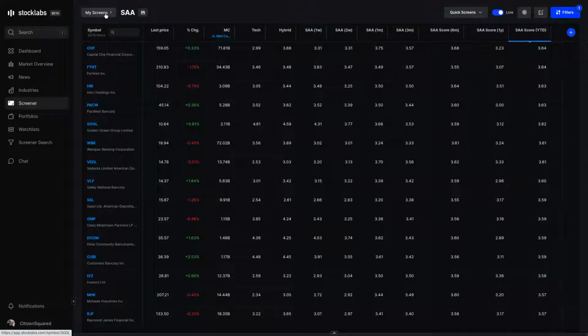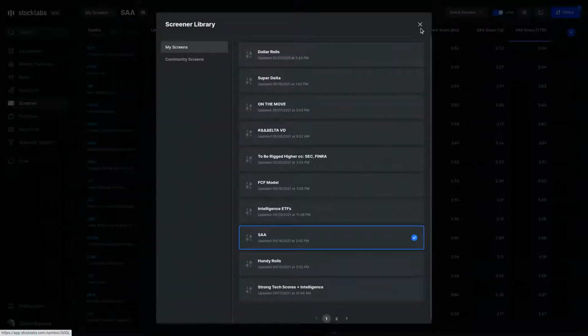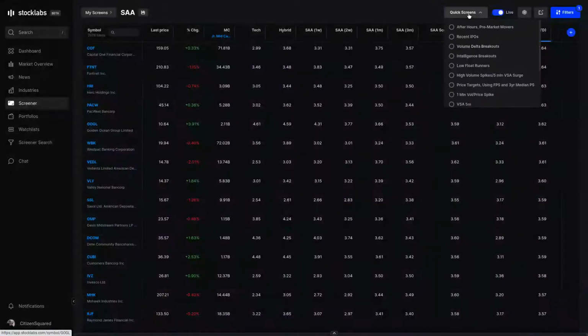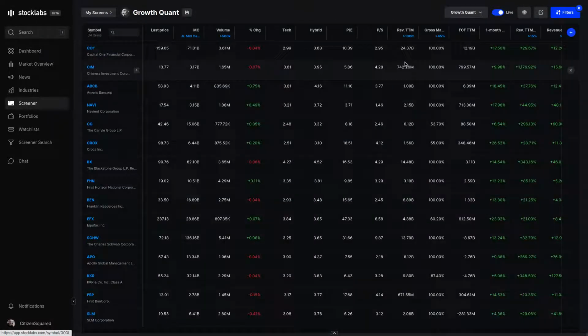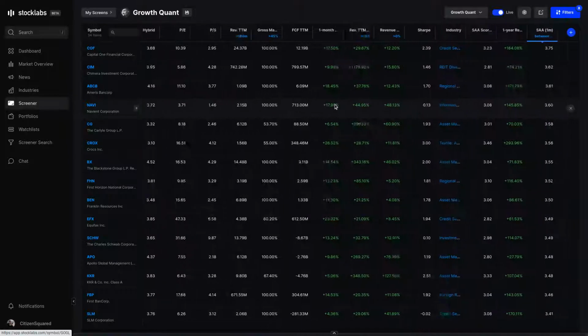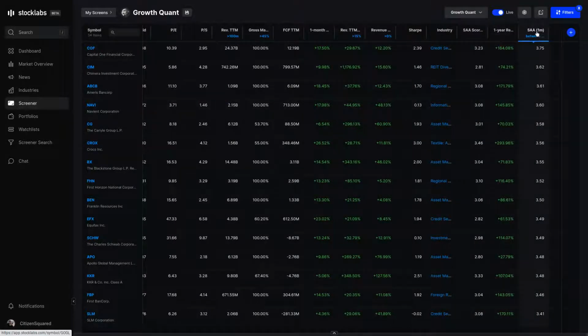So what does this look like in practice? If we go to the Fly's growth quant, he uses SAA score as his final filter on which stocks he picks. So you can see in the screener window, he has all his fundamental criteria, and then over to the right, he sorts it by 1 month SAA score.